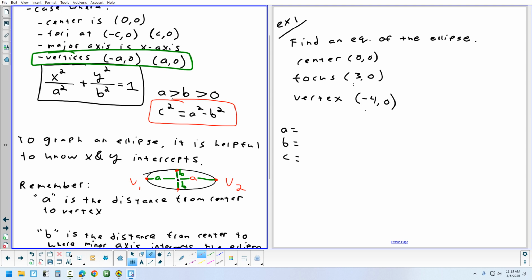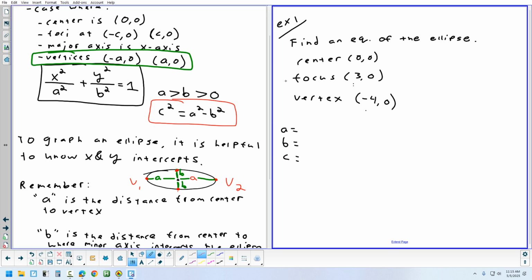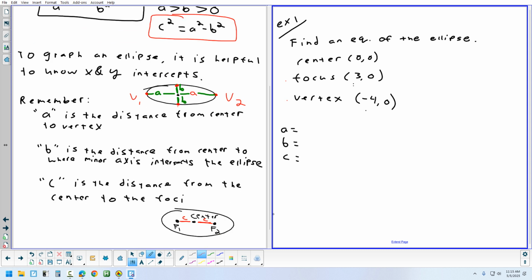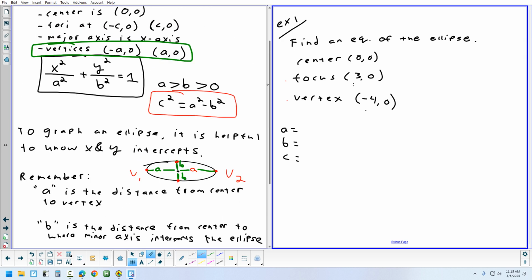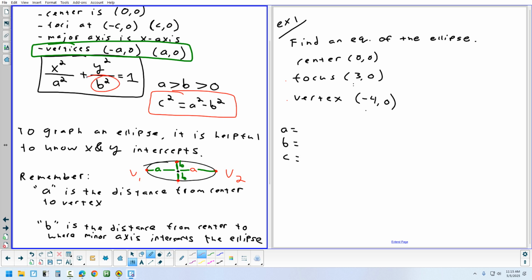So like in this case, I'm telling you something about C, and I'm telling you something about A. I'm not giving you B. I don't give you anything about the distance from the center to the minor axis. But the problem is, you need B. You're not going to be able to write the equation without it. But that's okay. We can figure out B using this formula. C squared equals A squared minus B squared.